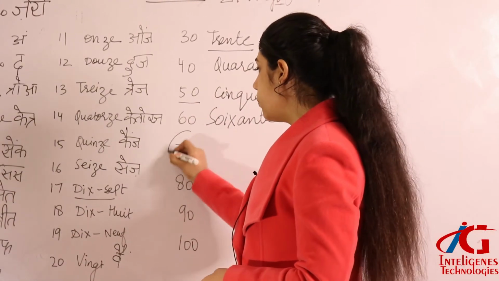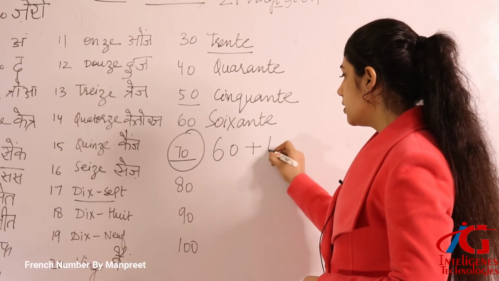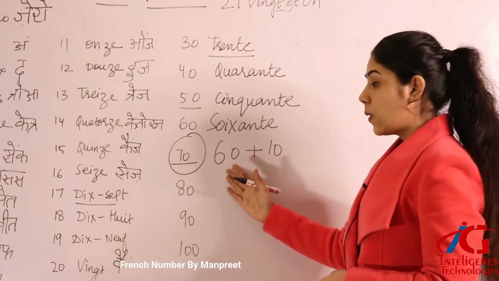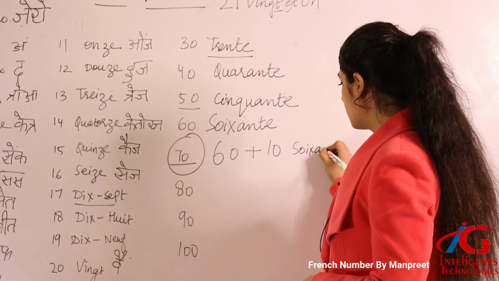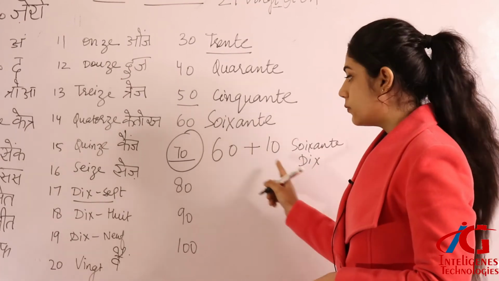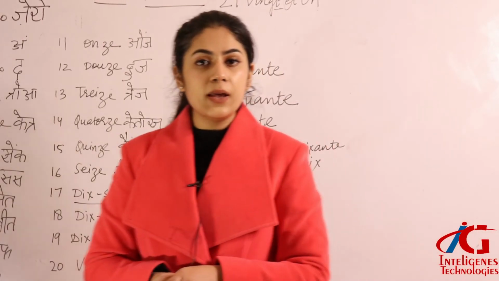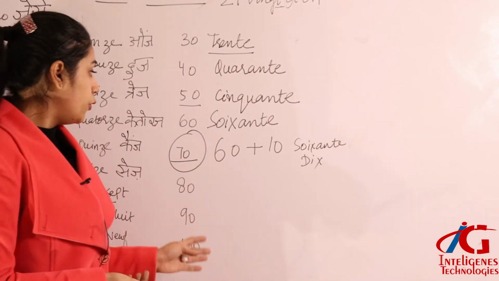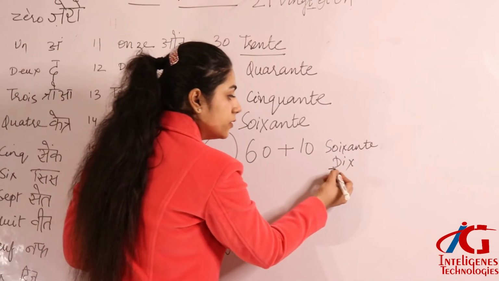70 would be 60 and 10. Soixante-dix, which is 60 and 10 makes 70. So 71 would be, yes, it would be soixante et onze. Why? Because here we have this in the end.